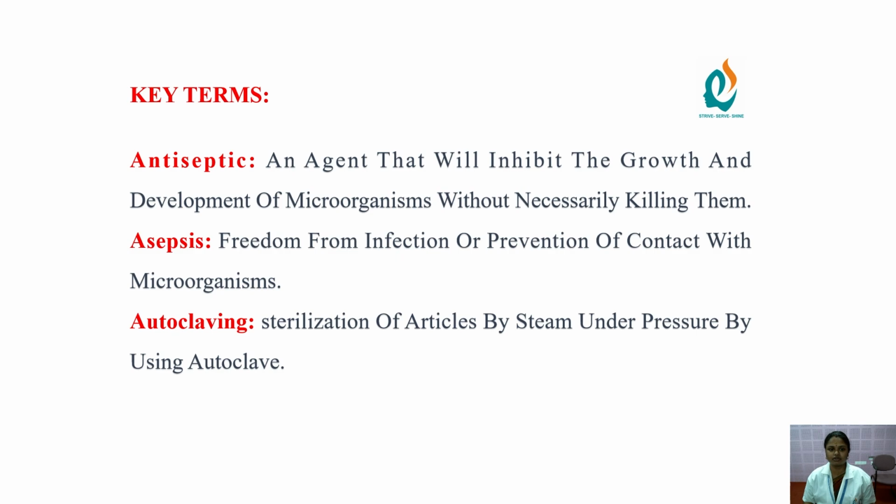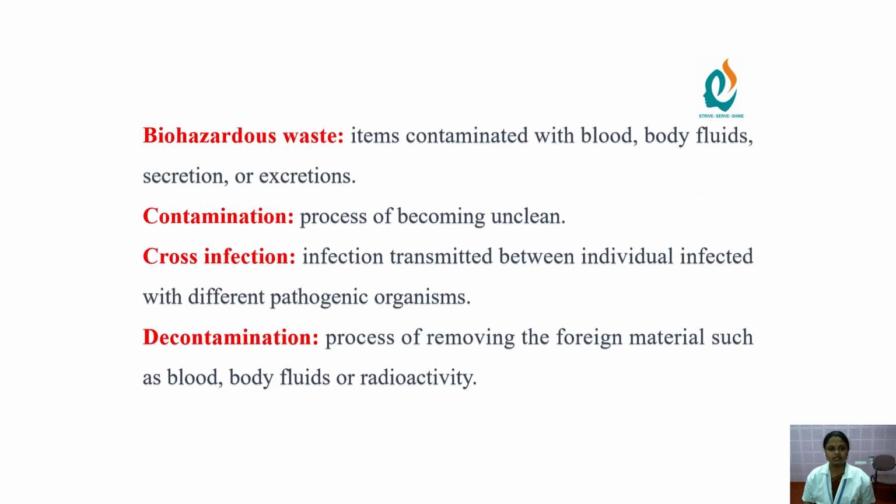So, key terms of infection control are: Antiseptic, an agent that will inhibit the growth and development of microorganisms without necessarily killing them. Asepsis, freedom from infection or prevention of contact with microorganisms. Autoclaving, sterilization of the article by steam under pressure by using an autoclave.